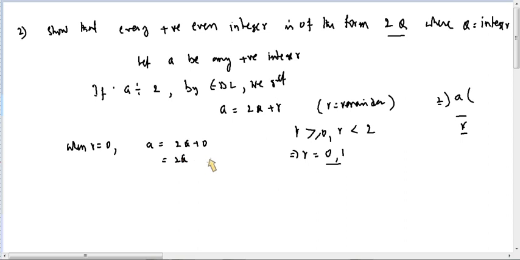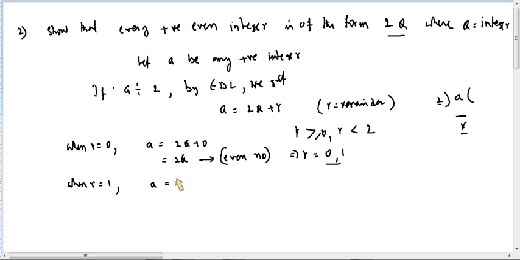So this is 2q, and 2q is definitely an even number, because q is some variable multiplied by 2. Any number multiplied by 2 gives us an even number. So at r is equal to 0, a is becoming an even number, and which is in the form of 2q.